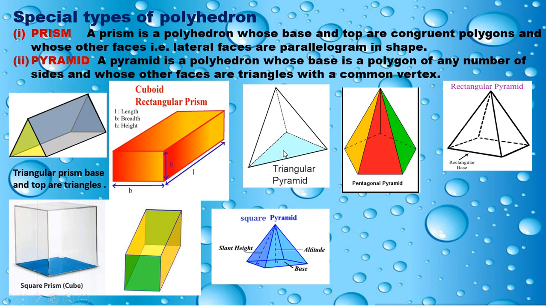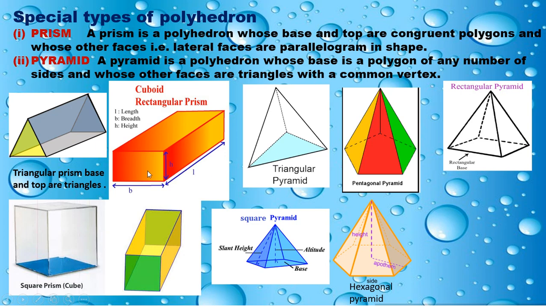Here the base is a triangle, here a square, here a rectangle, here a pentagon. There is also a hexagonal pyramid, but what we observe is that the lateral faces are all triangles. The difference between the prism and pyramid is that the lateral faces in the prism are parallelograms, whereas the lateral faces in the pyramid are triangles.